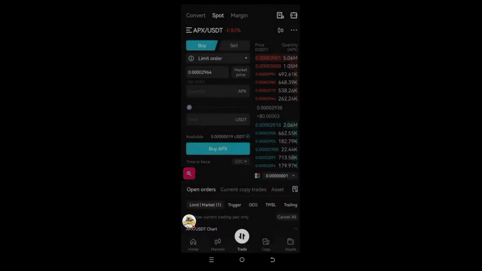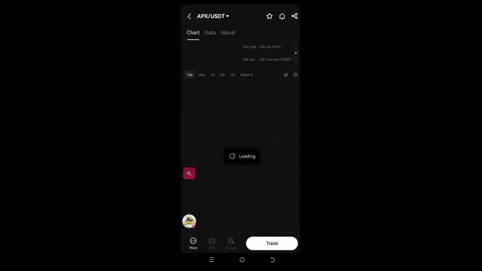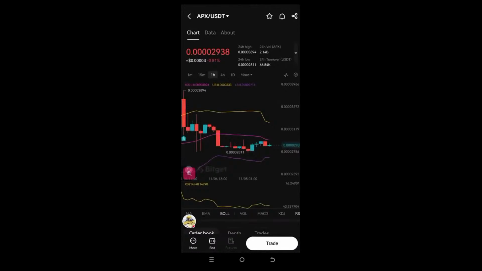Let me go to the chart so I can show you what's going on. And you can see this. Look at it. One of the things between KuCoin and even BitGet that really doesn't make me happy is that they don't have the parabolic SAR. Parabolic SAR for me is my top indicator.